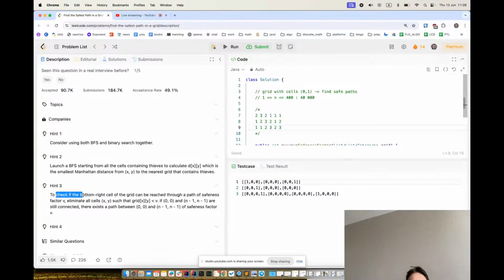To check if the bottom right cell of the grid can be reached through a path of safeness factor V, eliminate all cells such that grid XY is less than V. If 0, 0 and the end are still connected, there exists a path of safeness factor V.